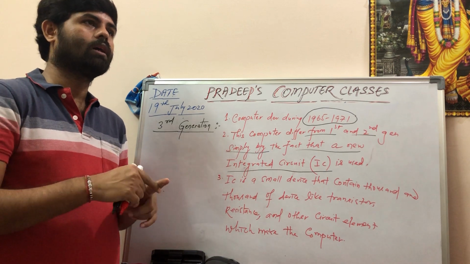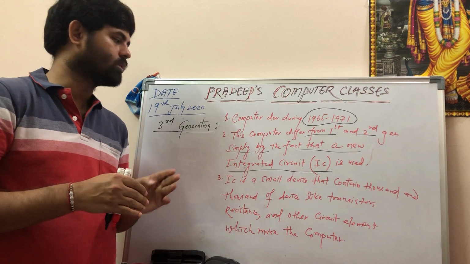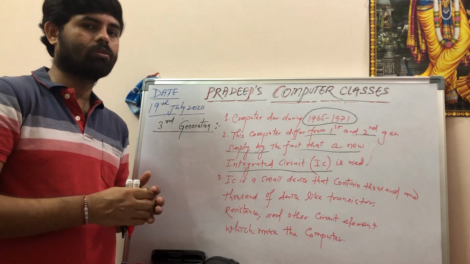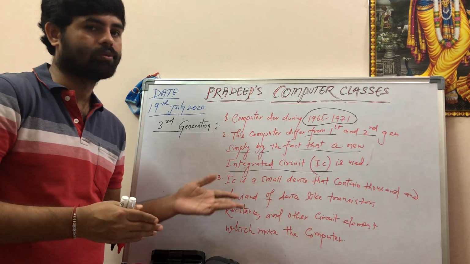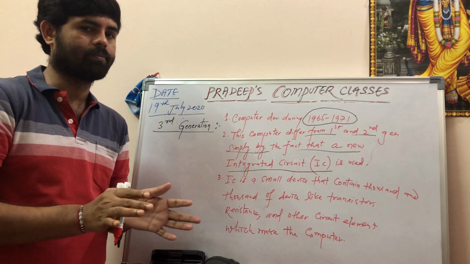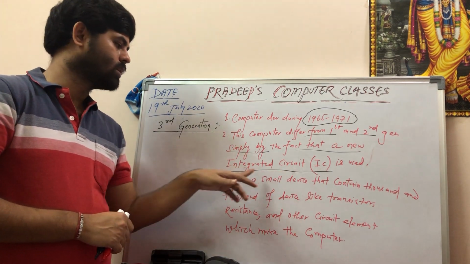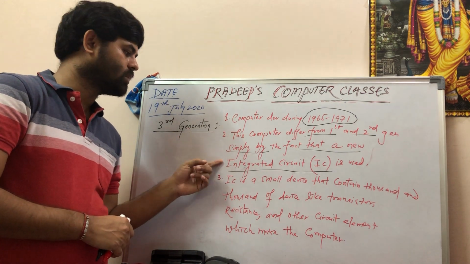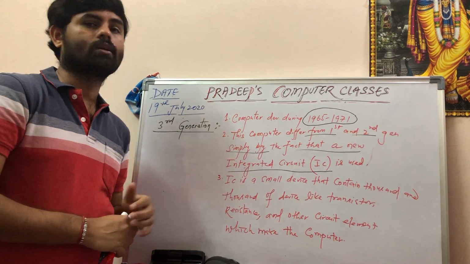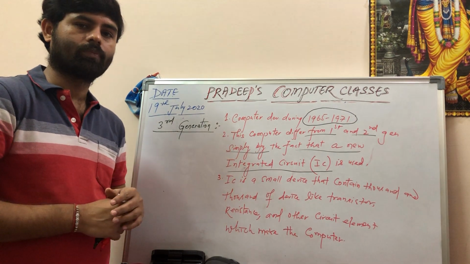Some question will be asked like, what is the difference between the first, second and the third generation? Or the question will be, what is the new thing that came in the third generation which was not in the first and second generation? All questions are the same. The answer is that the electronic instrument used in the third generation was fast, and that is called an integrated circuit. IC has been used. So the question will be like, what is IC?